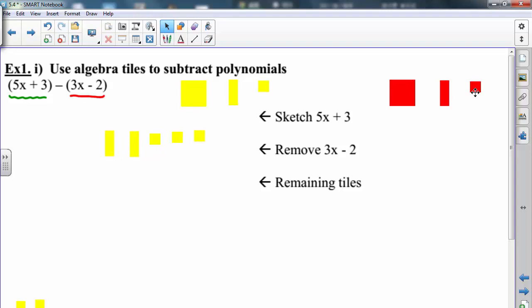If I want to take away 2 little red squares, I need to put in zero pairs. So 1 yellow, 1 red. 1 yellow, 1 red. These two pairs are zero pairs. They are zeros, so it doesn't affect the algebra tile result.